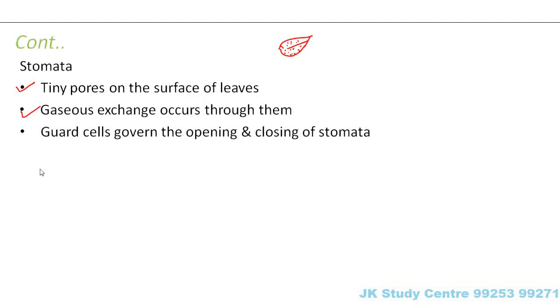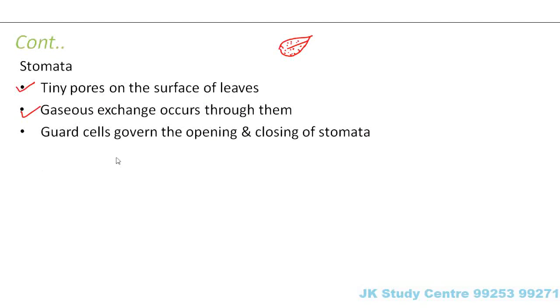Therefore, these pores should not be kept open all the time. In order to prevent excessive water loss from the plants, there is a technique by which the stomata remain open sometimes and get closed when not needed. When intake of carbon dioxide is not needed, the stomata remain closed.